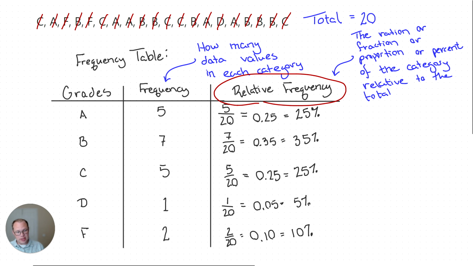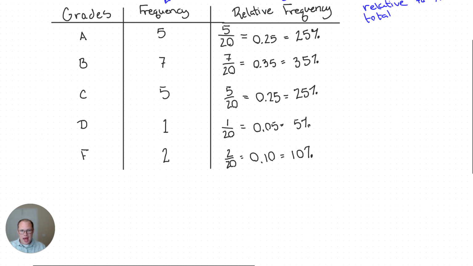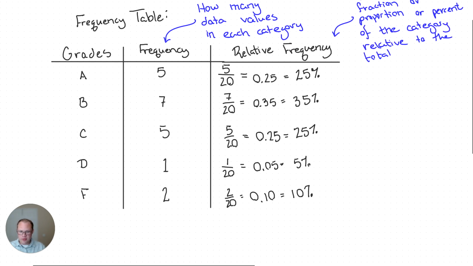So this is a frequency table, and this particular table has both a frequency column and a relative frequency column. I'm going to point out what the totals of these columns are. If we add up all the values in the frequency column, 5 plus 7 plus 5 plus 1 plus 2, we're going to get 20.